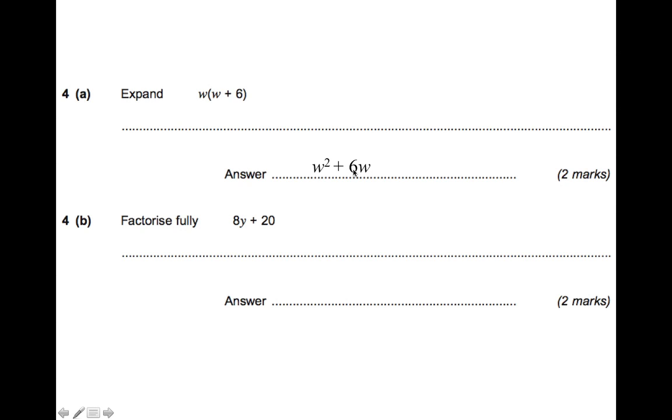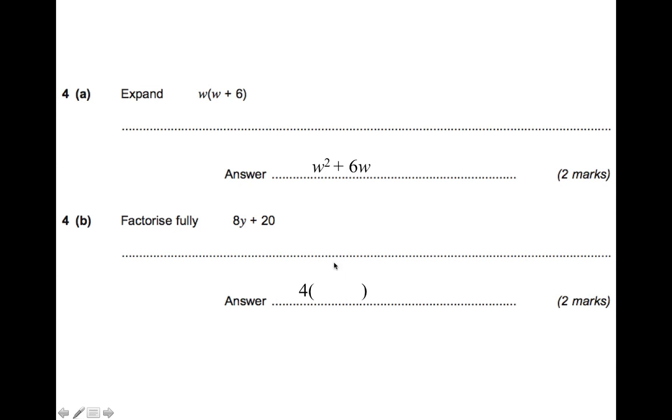So that's simple enough. Now the second part of the question is just really the reverse of that process. So we've got to think about putting 8y plus 20 into something times a bracket. So very much the reverse of what we did in the first half. And first of all, we need to think of a number that goes into both 8y and 20.